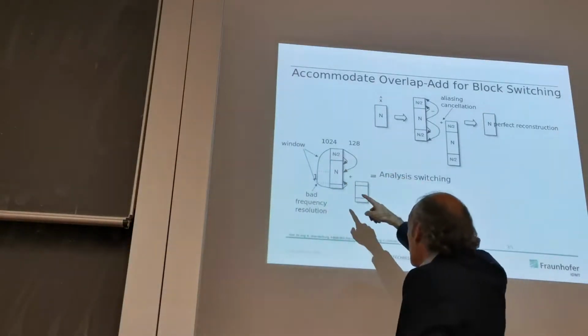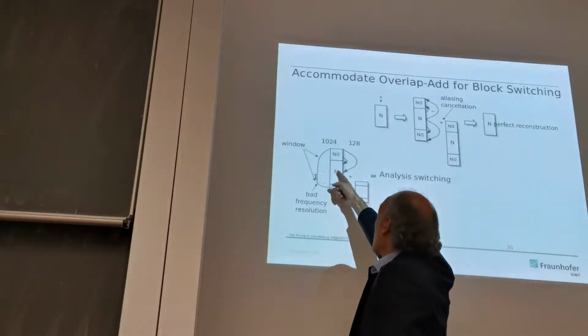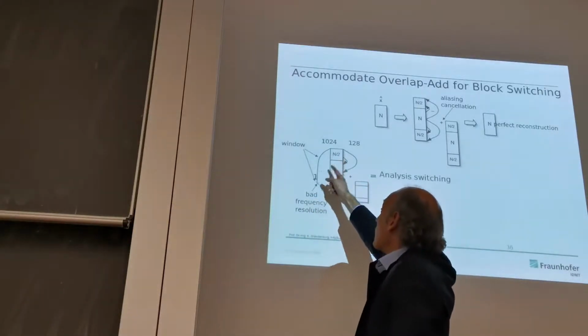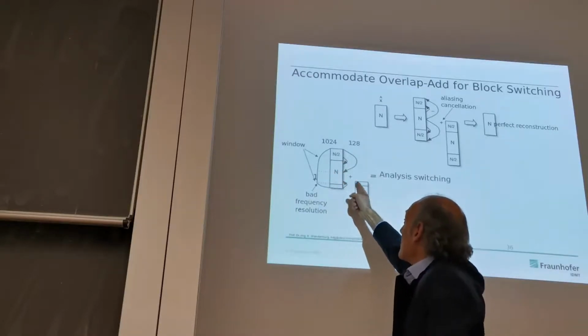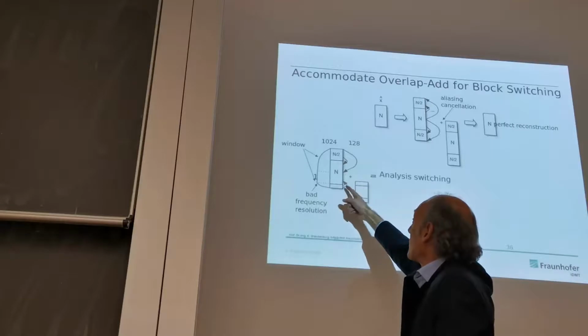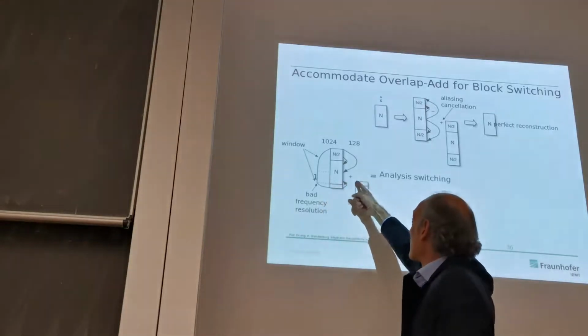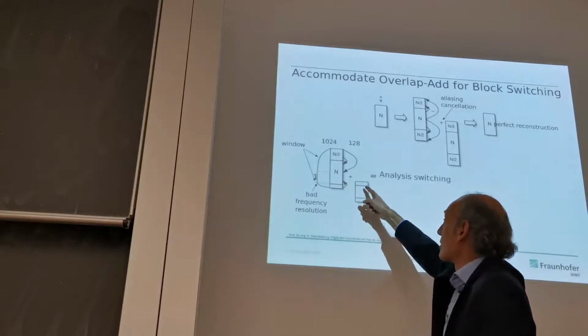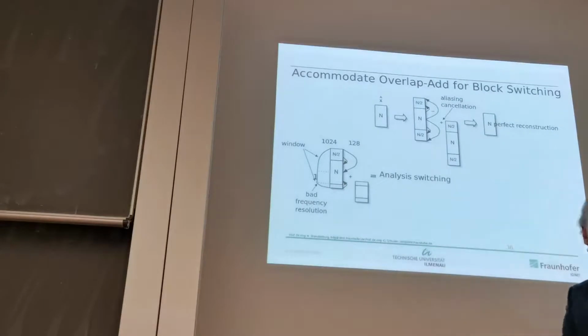So here you can see this overlap add is adapted. So in the beginning, you have the same shape as before, but then in the second half of the window, you end with shorter blocks. So here you have this ending, which looks like from the shorter block, and then you actually switch to a filter length with the shorter blocks next, which then fulfills the overlap add again for perfect reconstruction.